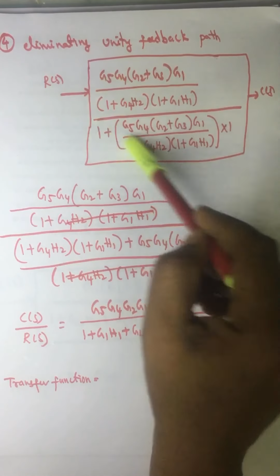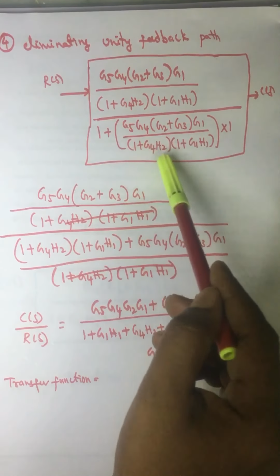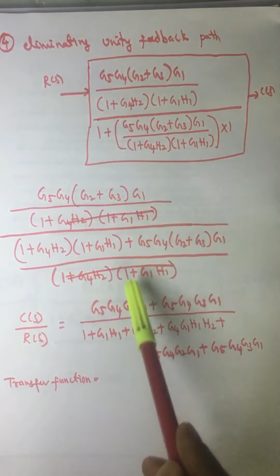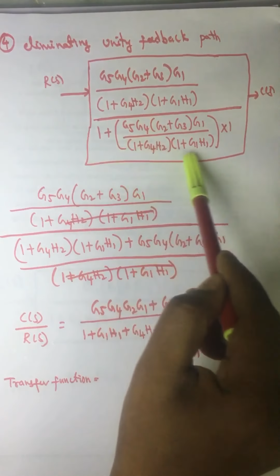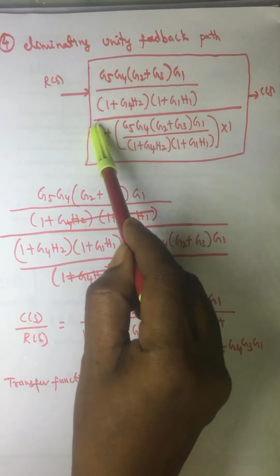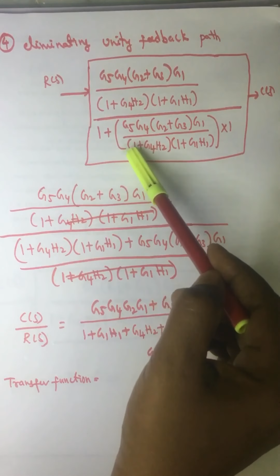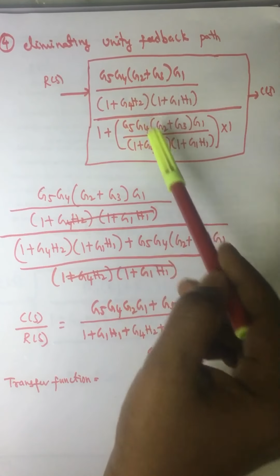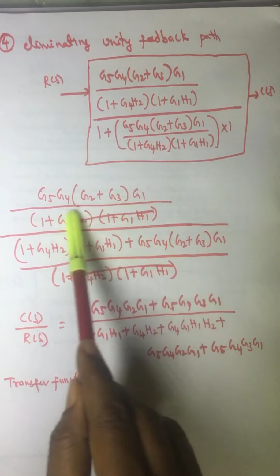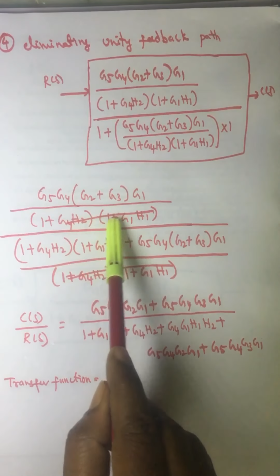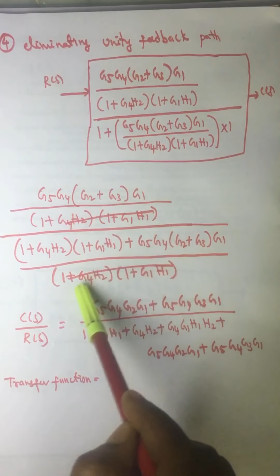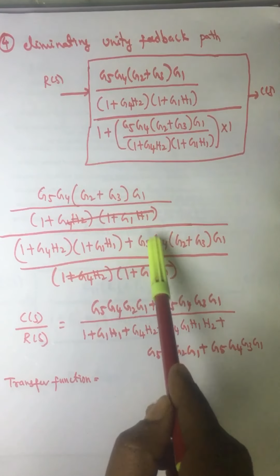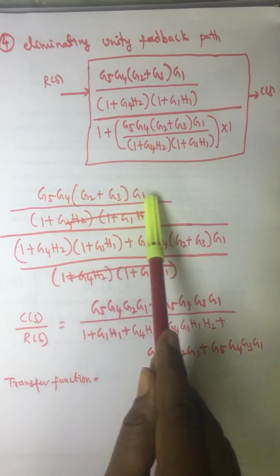Now we'll simplify this. If you simplify, take LCM at the denominator. The denominator of the denominator will come here, so we'll have the same denominator for both numerator and denominator. So this 1 plus G4 H2, 1 plus G1 H1 will get cancelled here. Now we just multiply all this.